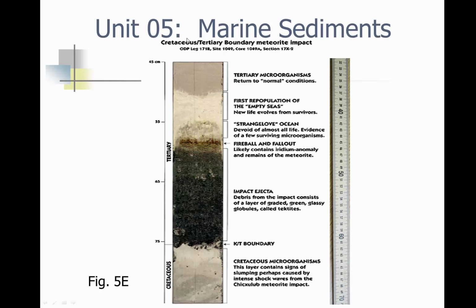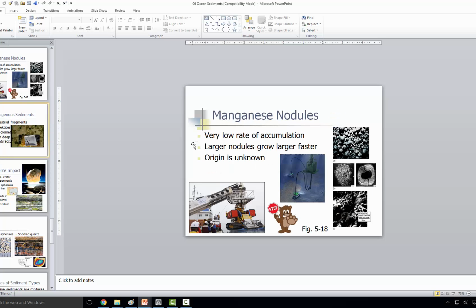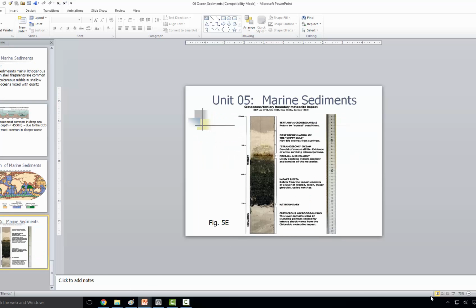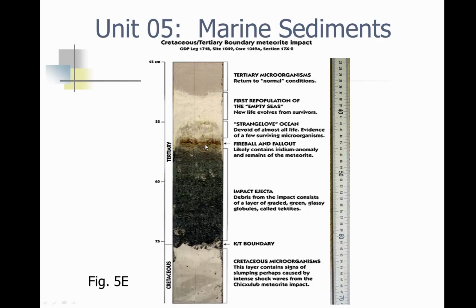Last slide, Unit 5. This is actually the KT boundary. Here's where we actually find that iridium anomaly, which we find worldwide. Let's take it back. I need to go over that one more time, just a little bit more. We do find worldwide, and what we do is we find the Cretaceous microorganisms, things that lived in the Cretaceous.